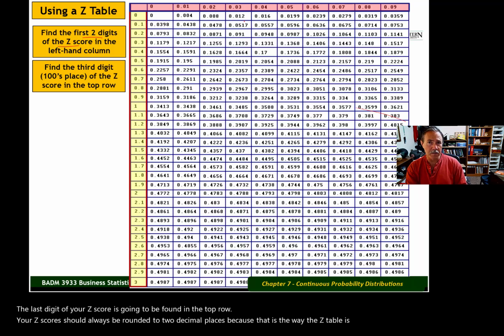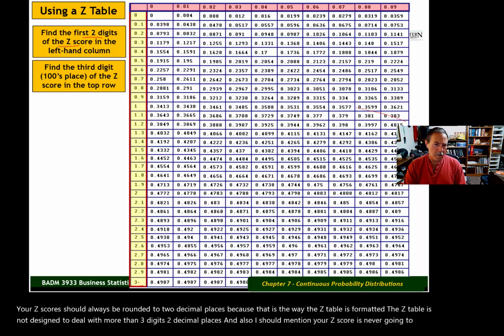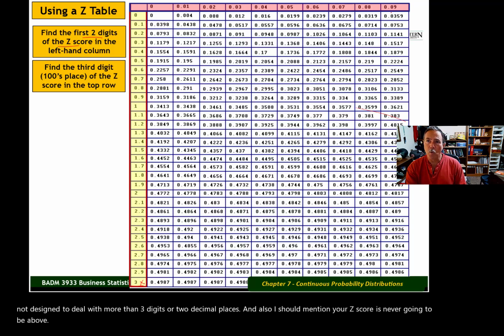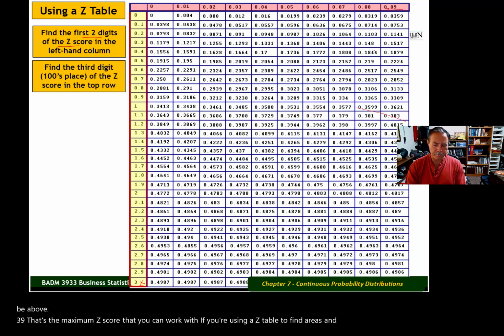The z-table is not designed to deal with more than 3 digits, 2 decimal places. And also I should mention your z-score is never going to be above 3.09. That's the maximum z-score that you can work with if you're using a z-table to find areas and probabilities.